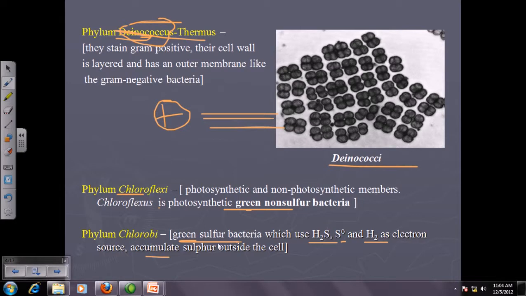So that's why Chlorobi is also important, because they utilize inorganic matter like hydrogen sulfide as a source to produce energy inside the cell. That's why this phylum Chlorobi is also important.